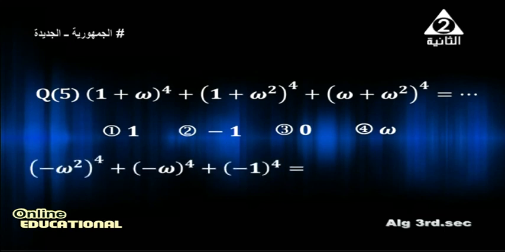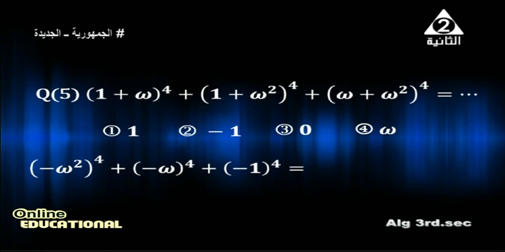Therefore, by substitution, 1 plus omega is negative omega square, 1 plus omega square is negative omega, omega plus omega square is negative 1. Each term to the power 4.